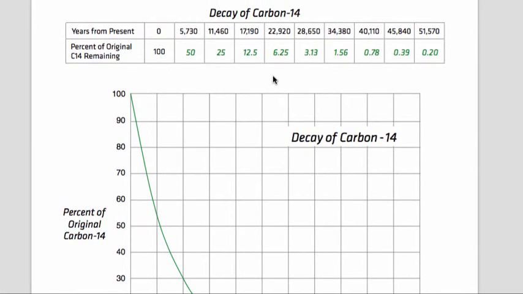So every radioisotope has its own characteristic decay rate. Carbon-14's is every 5,730 years, but every radioisotope will have its own half-life. But no matter what the half-life is, it's still going to be half every time.